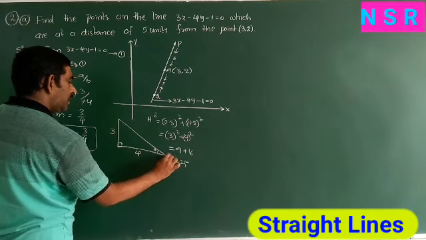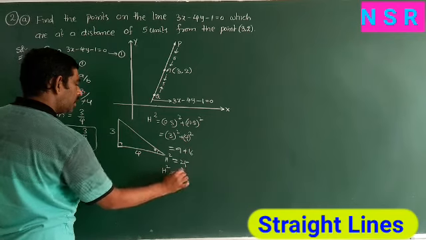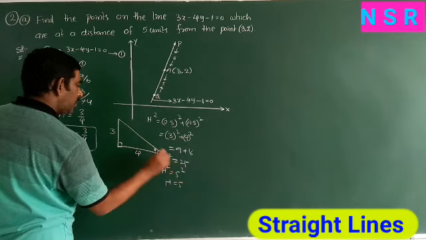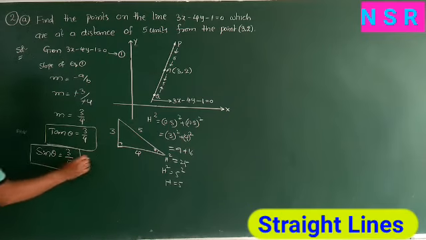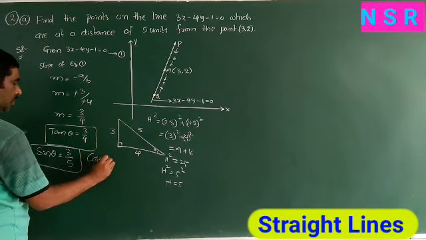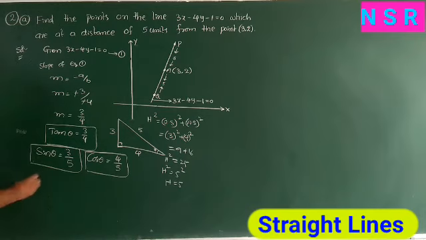So hypotenuse square is equal to 25, that is 5 square. Now hypotenuse equals 5. So from this figure, sin theta is equal to opposite side by hypotenuse, that is 3 by 5, and cos theta is equal to adjacent side by hypotenuse, that is 4 by 5.